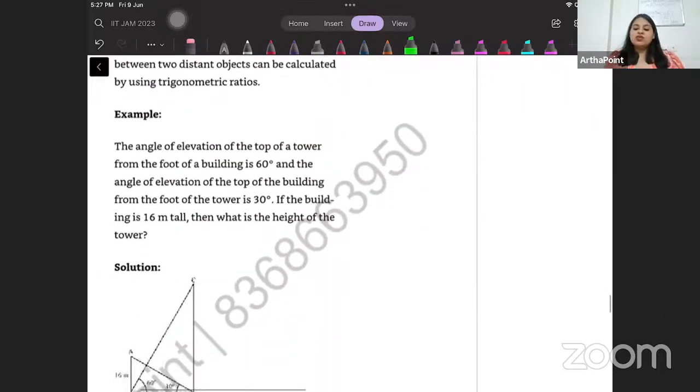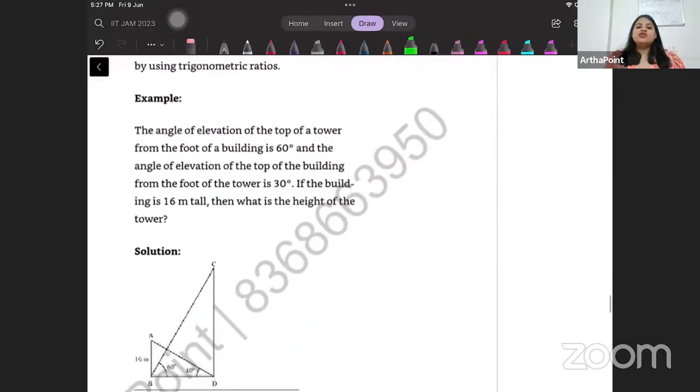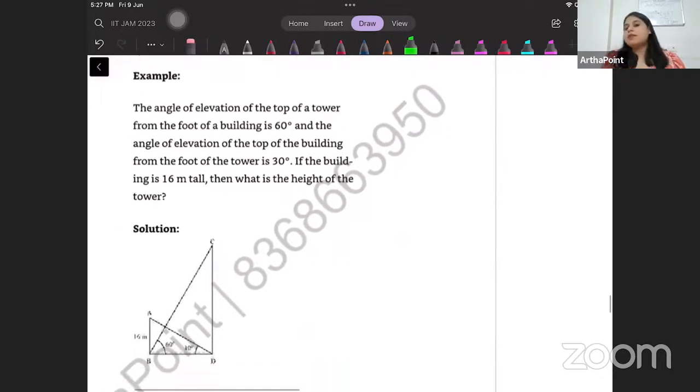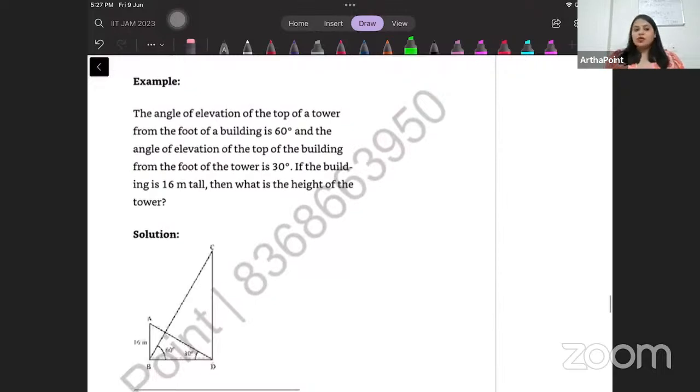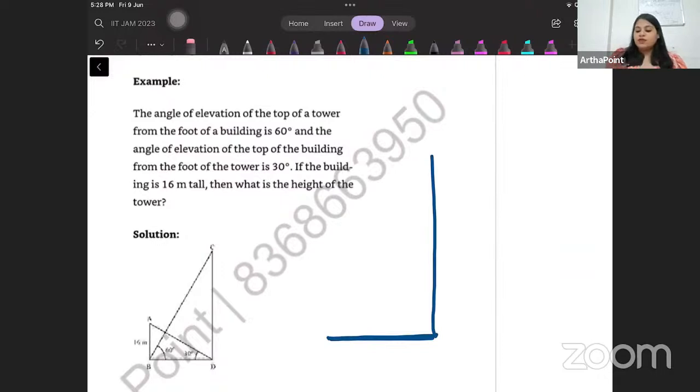Okay, now let us go ahead and see how trigonometry can be used to find the angle of elevation or depression. Take a question. The angle of elevation of the top of a tower from the foot of a building is 60 degrees. So this is the foot of the building. This is the building.